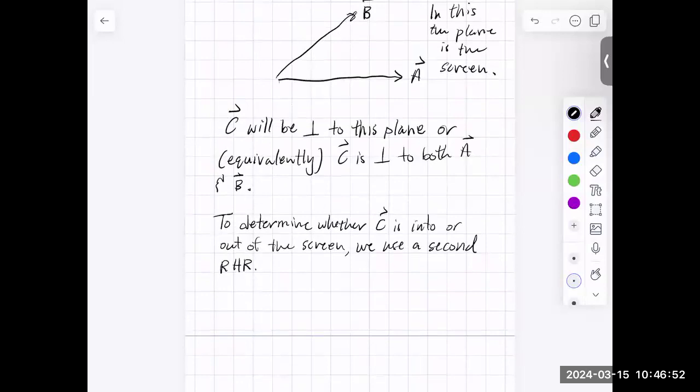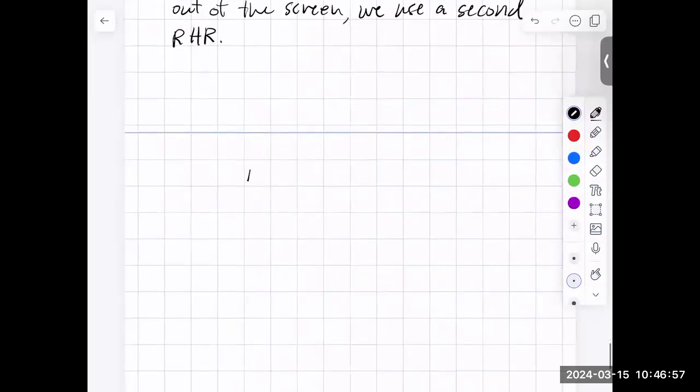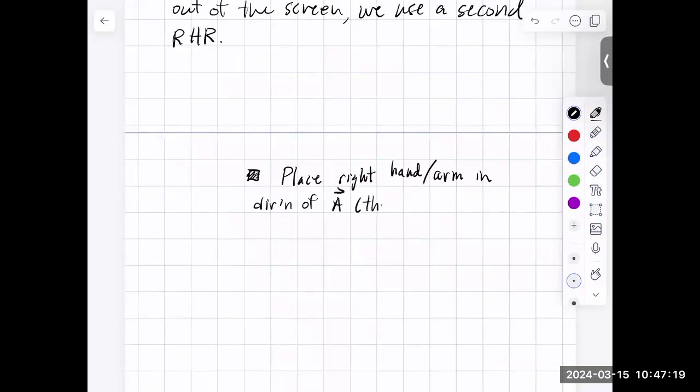Okay. So let's see. So this right-hand rule is the following. So step one is place your right hand or arm in the direction of A, which is the first vector in the cross product.